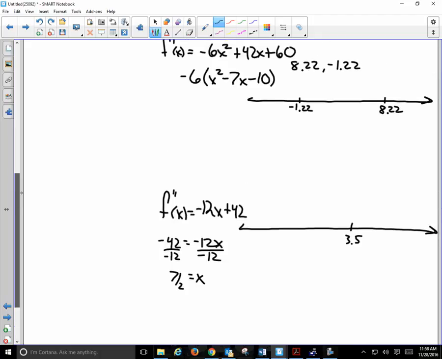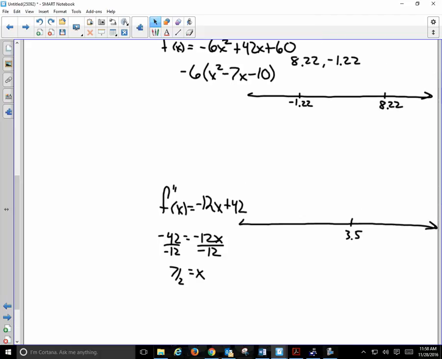Okay, let's do some testing. What number would you like to test for the first derivative? -2. So remember, it's negative here. So -2 squared is 4, plus 14 is 18, minus 10 is 8, and then times -6 will be a negative. Plug in 0.